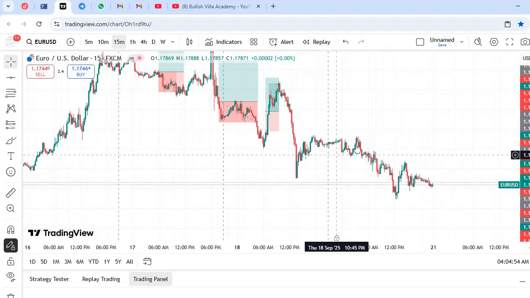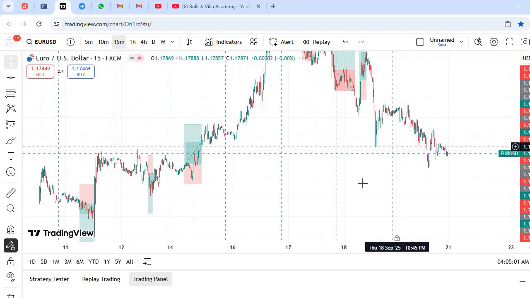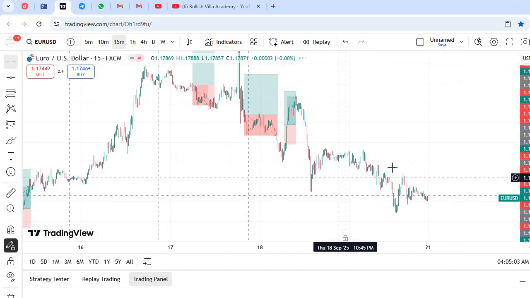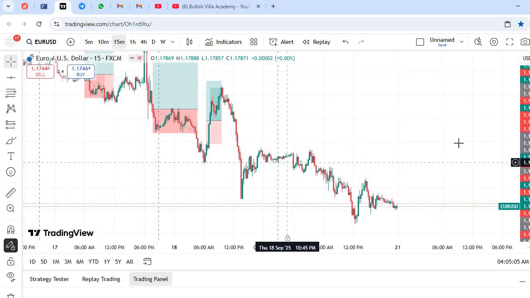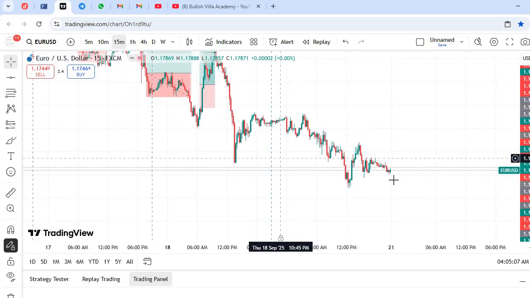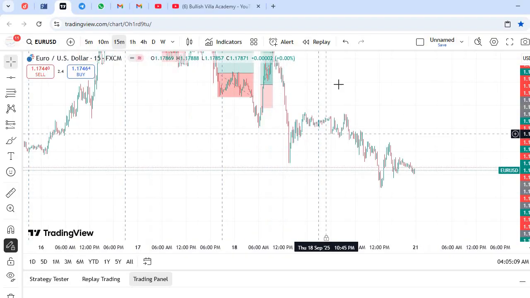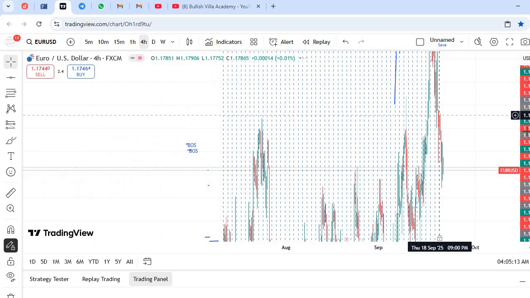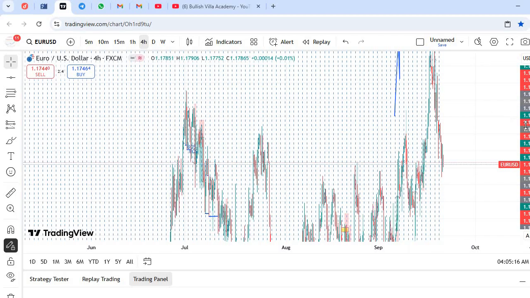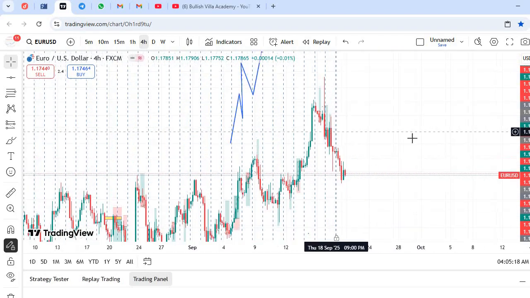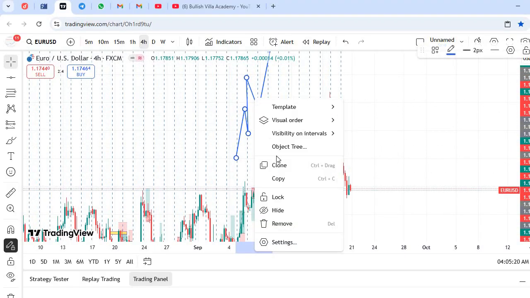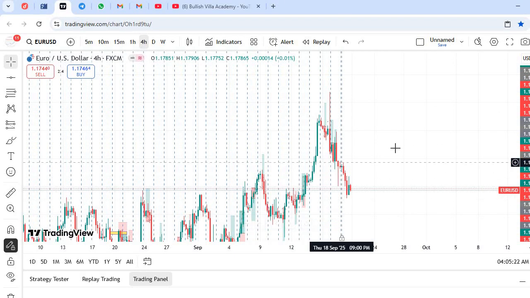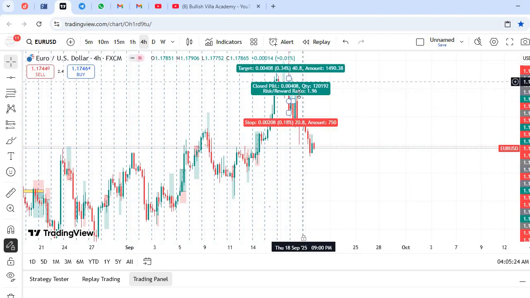So by the grace of God, we are looking forward to a new week, and this was where the market closed. And this is on Euro USD. You understand? So on this trade, this was where the market closed, and the way it is now, the market is still bearish. The market is still bearish for the Euro USD trade. Can you see?